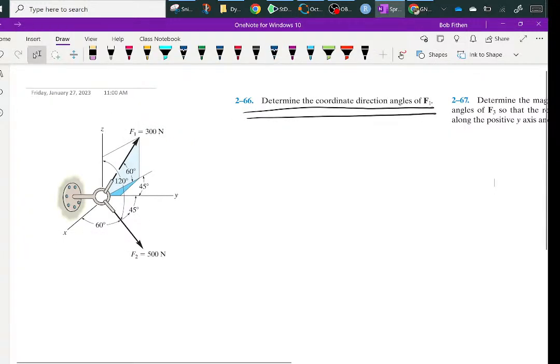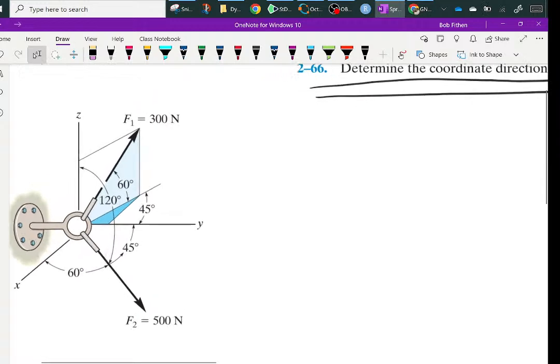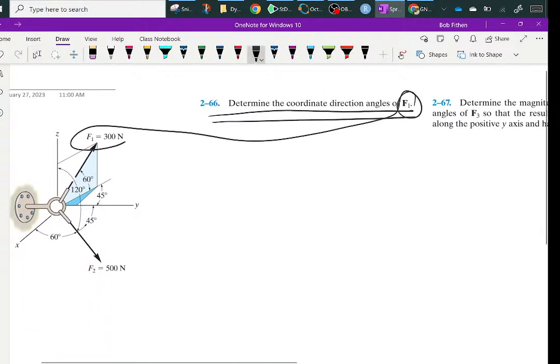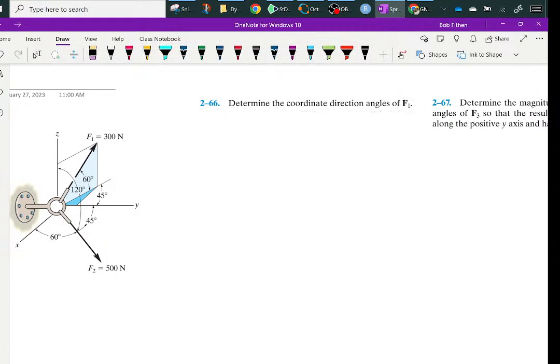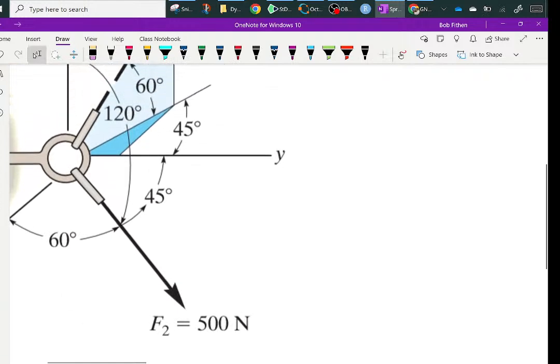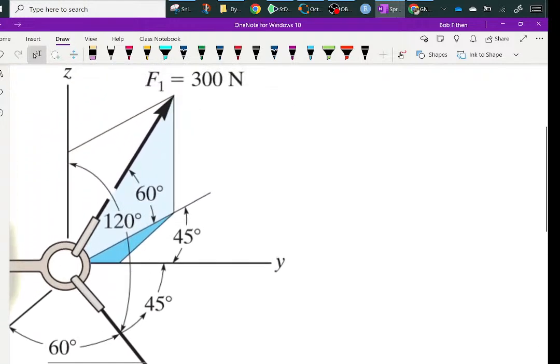Okay, so if I'm just focusing on F1, which he tells me to focus on, I'm going to focus only on F1 for the moment. I'm going to ignore this F2. Now, I will not be able to ignore it in the other problem. But if you look at this, you get a blue thing here and a darker blue thing here.